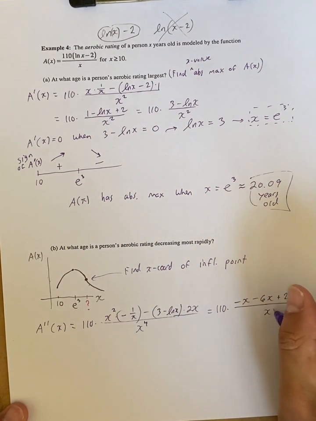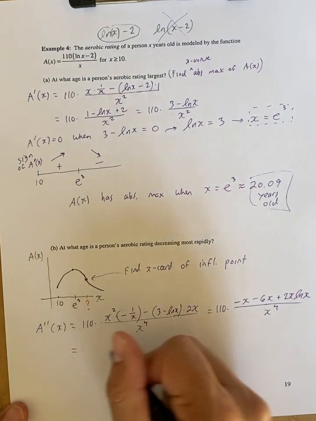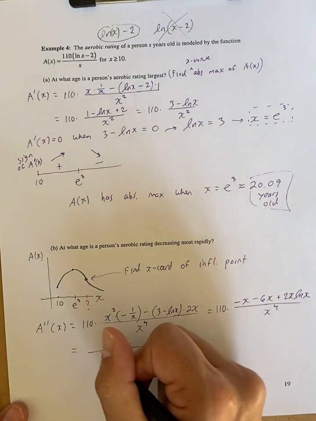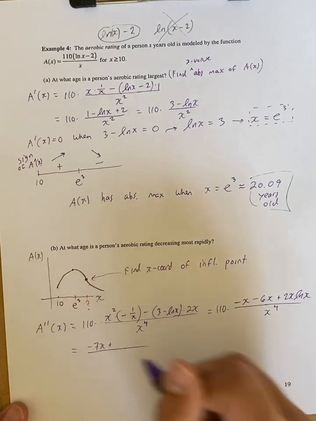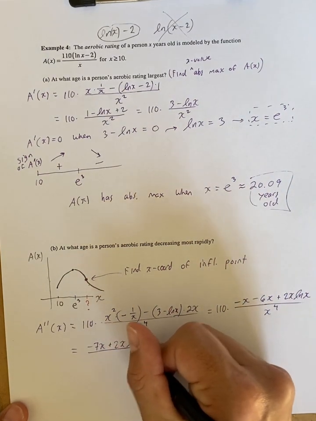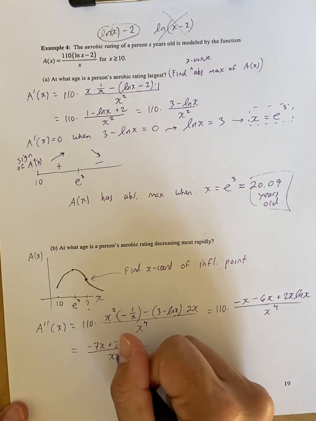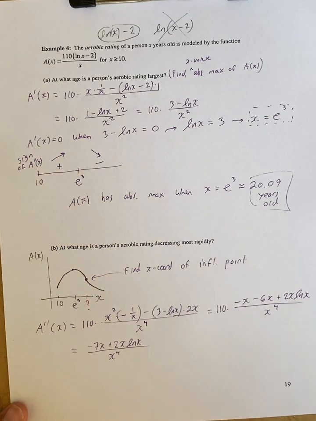And then over the bottom. Combine these two terms. That's negative 7x plus 2x ln x over x to the fourth. Notice that this does not combine into negative 5x ln x, because this 2x is multiplying the ln x, but this one isn't. So these are not like terms, so they don't get to be combined.